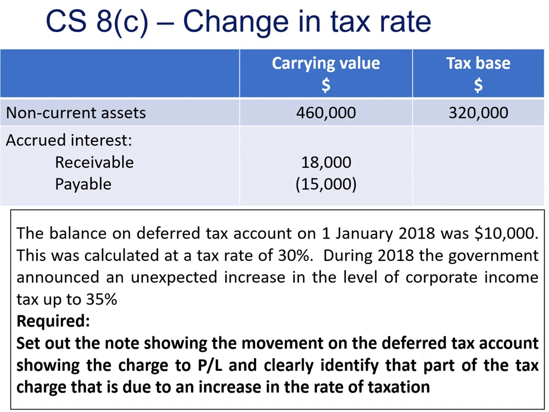So what we need to do is to work out our deferred tax based on the old rate, and then work out the deferred tax based on the new rate, and the difference between the two is what we would allocate to the change in tax rate. Or in other words, you could do the 30% and then for the change in tax rate, it would be a further 5%.